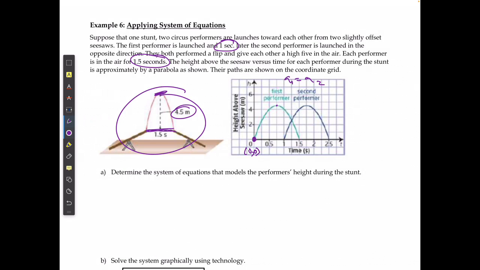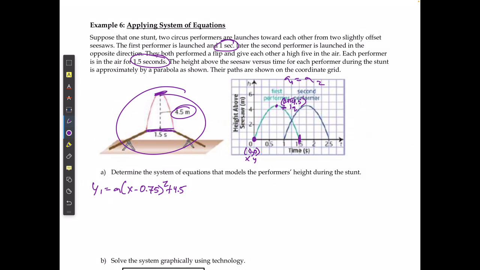From the parabola information, I can confirm that I hit a maximum point of 4.5. And my p-value should be halfway between my two x-intercepts. That's going to be at 0.75. So now I have an x, y, a p, and a q. I can solve for this one. I can say that for y1, it's equal to a(x minus 0.75) squared plus 4.5.